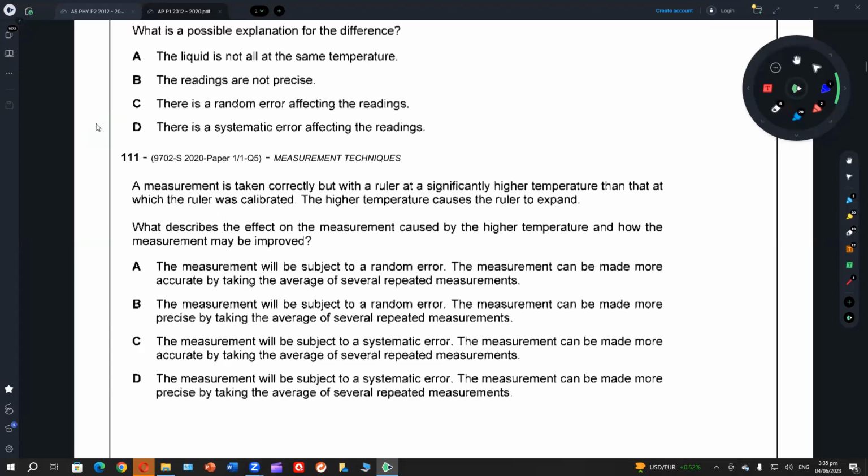The higher temperature causes the ruler to expand. Due to expansion, the separation between the divisions will increase, because if a ruler will expand, the size of one division will increase.